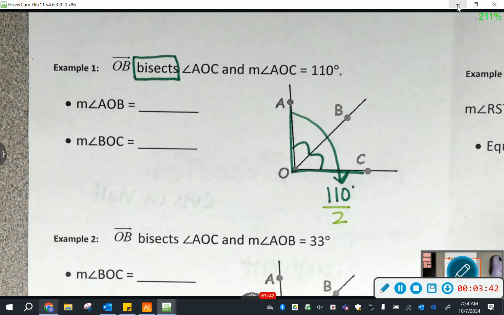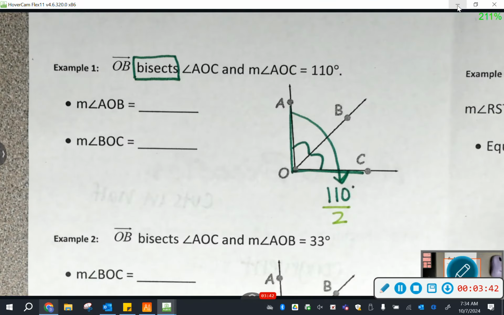What about my next one? Again, OB bisects. I see this word bisects. What can I do? Add your arches. And it says AOB, A to O to B. You have to be sure you read this. Is 33 degrees. Well, if AOB is 33 degrees, what is BOC?